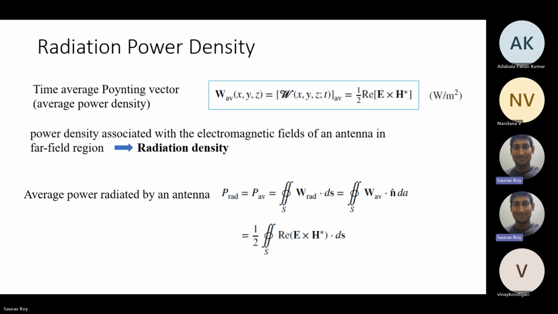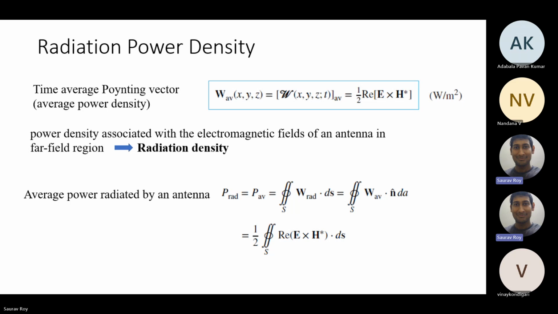It is also referred to as the Poynting vector. This Poynting vector, or average power density, is given as half of the real part of E cross H star. Here E and H are vectors without the time concept.